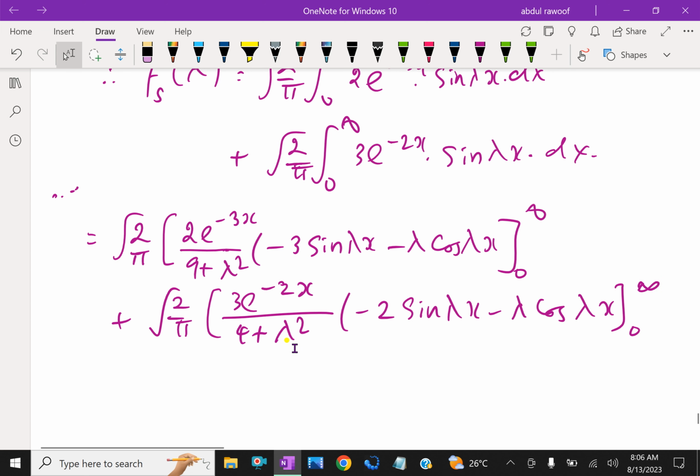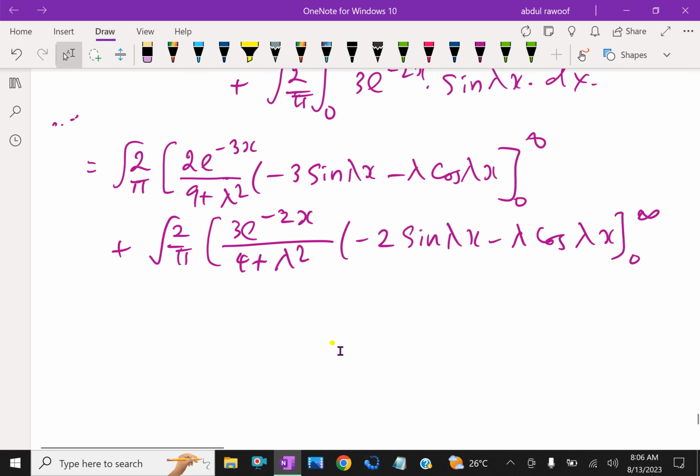Now we'll apply the limits. We get square root of 2 over pi.